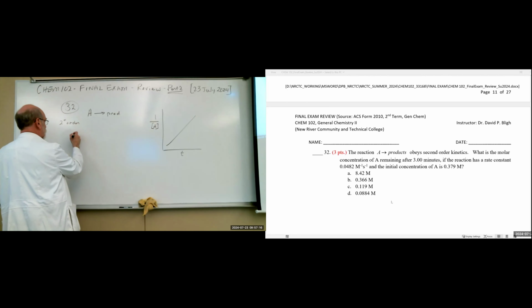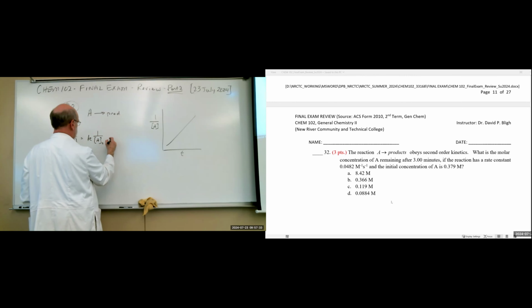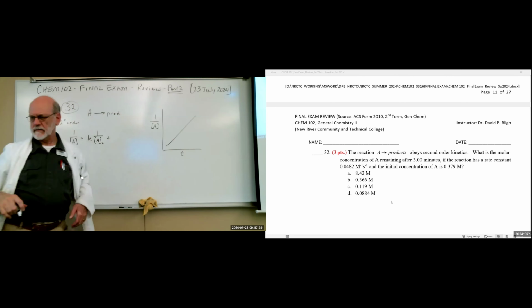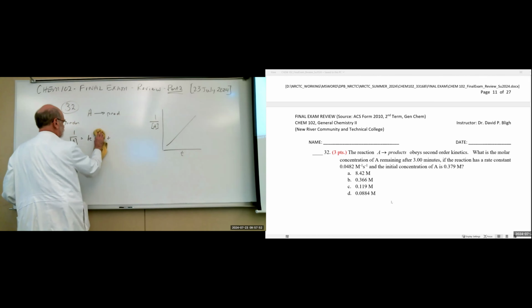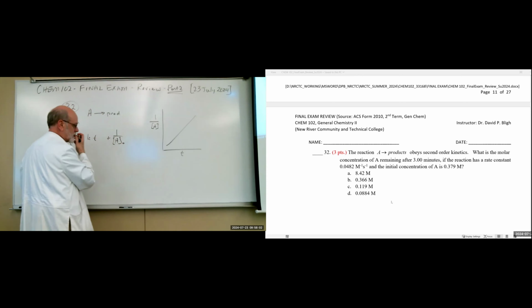The integrated rate law would be 1 over A equals positive K times T, plus 1 over A 0, the y-intercept. Oh, KT, excuse me. That was dumb.